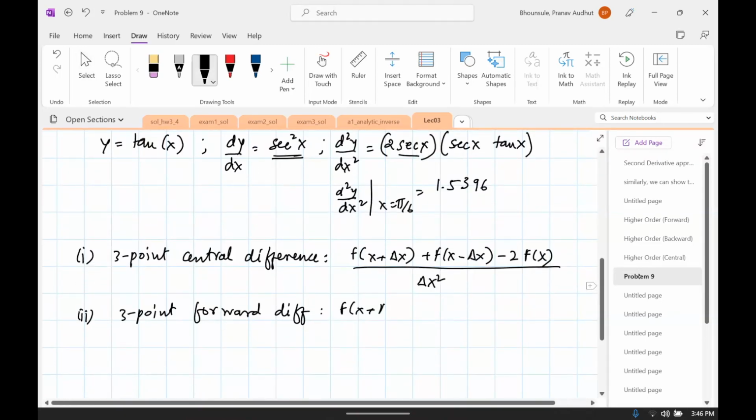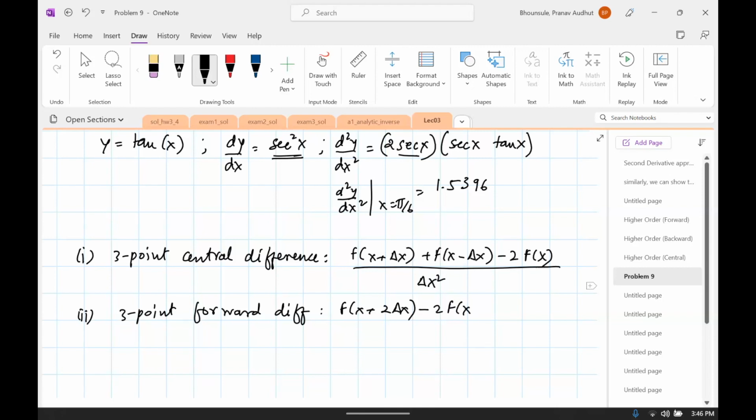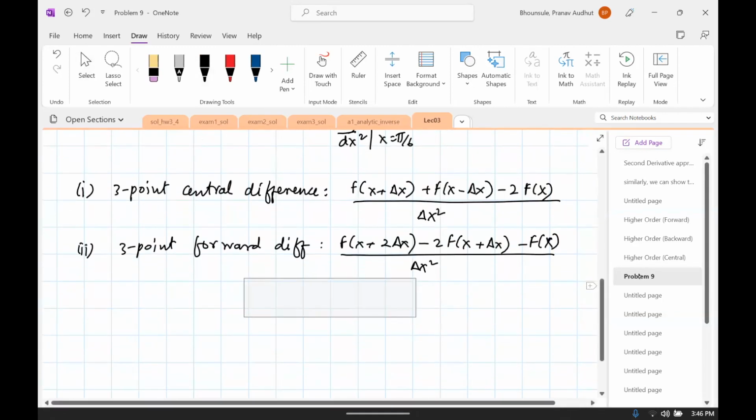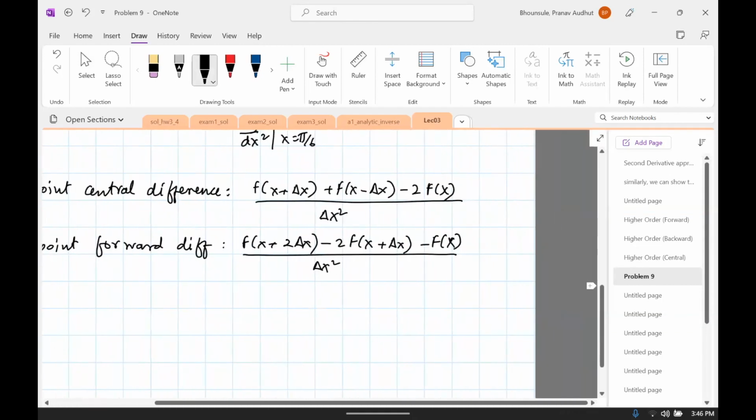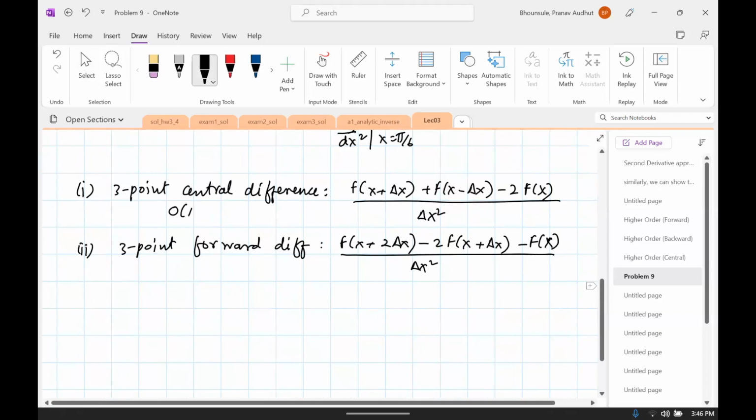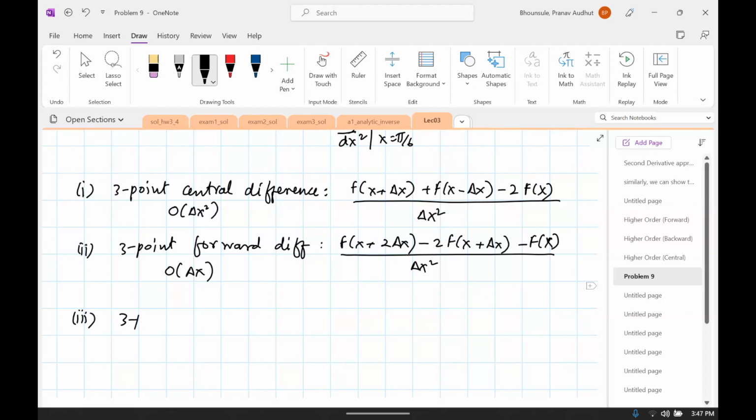Okay, so we'll write that formula down. f of x plus 2 delta x minus 2 f of x plus delta x plus f of x, divided by delta x squared. And then, by the way, I should put it here, this is of the order of delta x squared. This one is the order of delta x. And then the third one is 3-point backward difference.